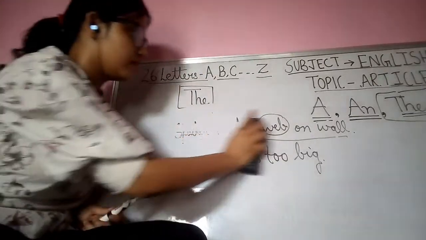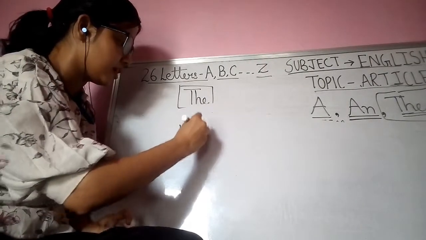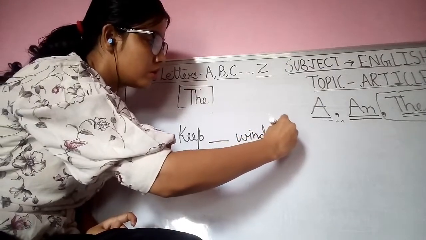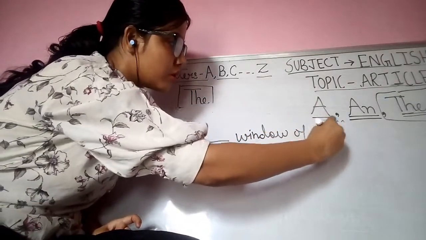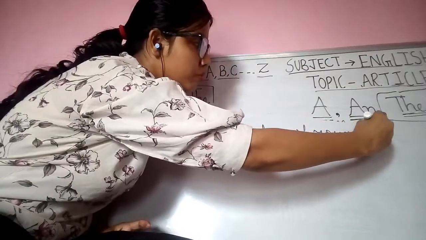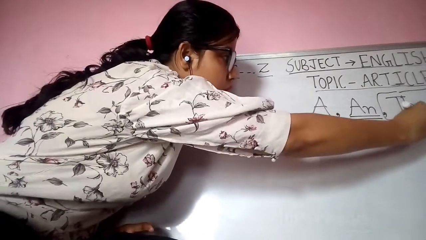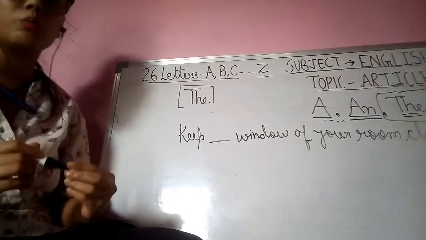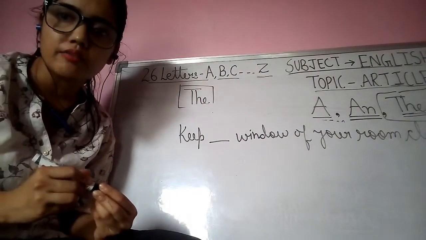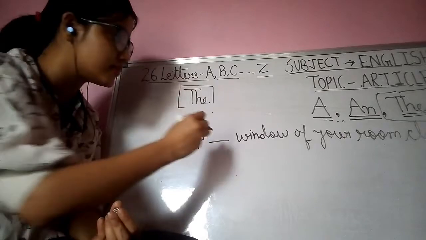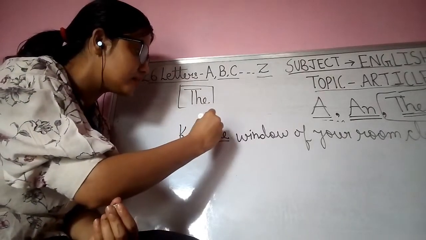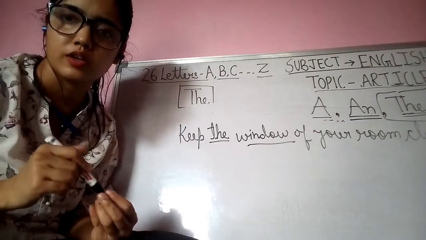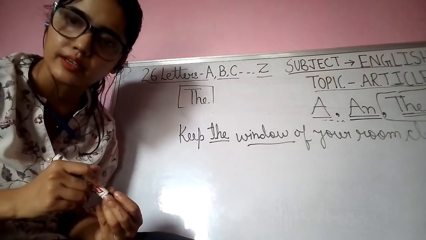Keep dash window of your room closed. Here what will we use? We will use the. Why? Because we are talking about a definite or particular window. That's why we are using the.